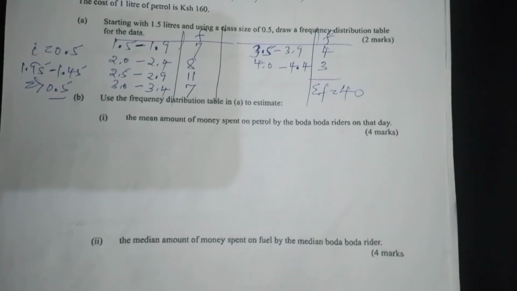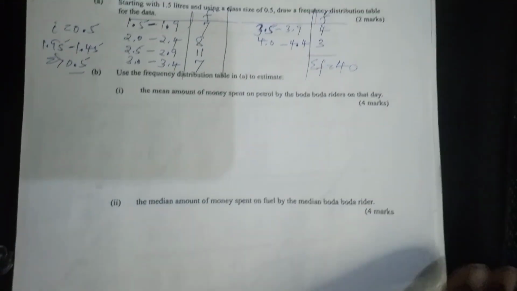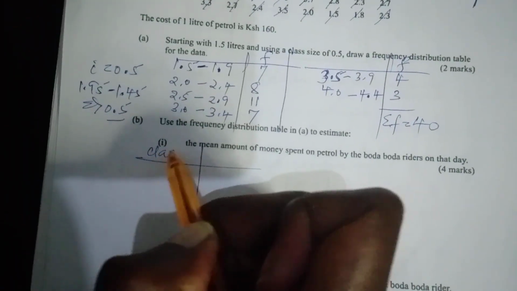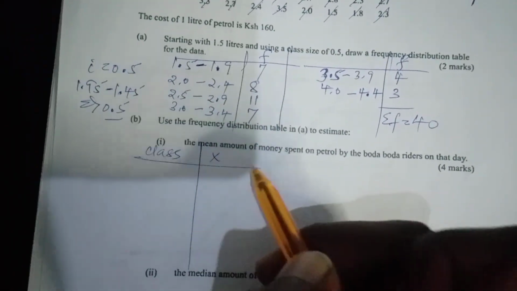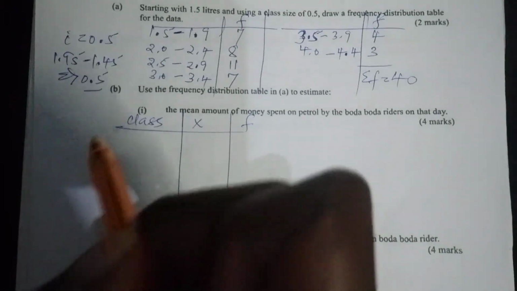So the next part, they have said use the frequency distribution table in A to estimate the mean. So at this point you have the classes, so you need the midpoints, then you need the frequencies.